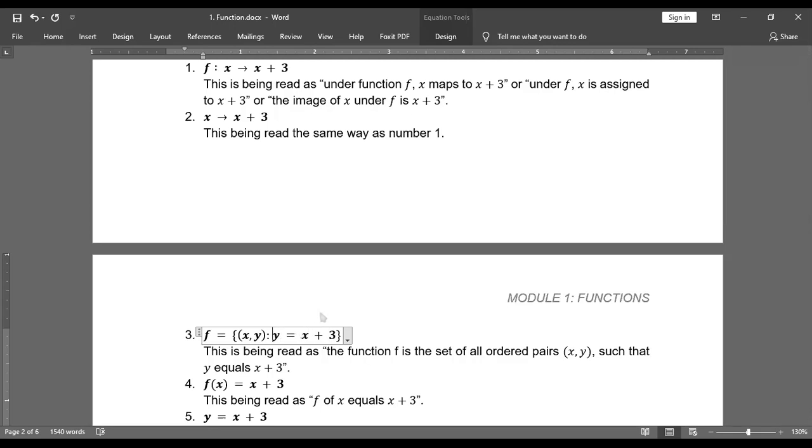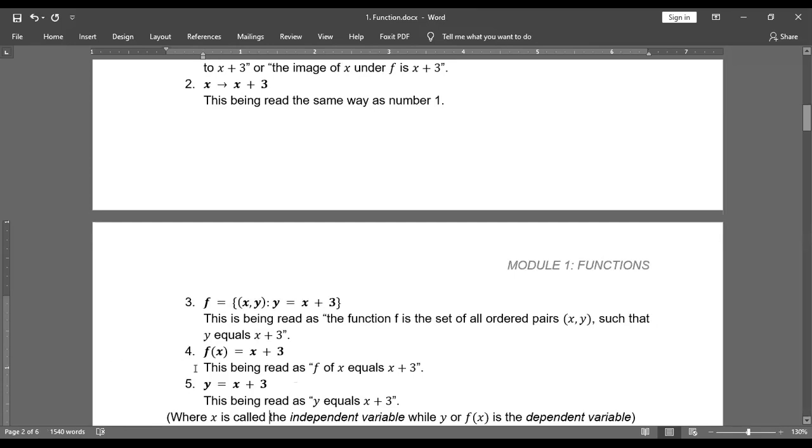Or for numbers 4 and 5, yung normal na ginagamit natin, you can just omit this portion. You can just state that the function is equivalent to y is equal to x plus 3. Or in another form, instead of writing y, we may use function of x or f of x.